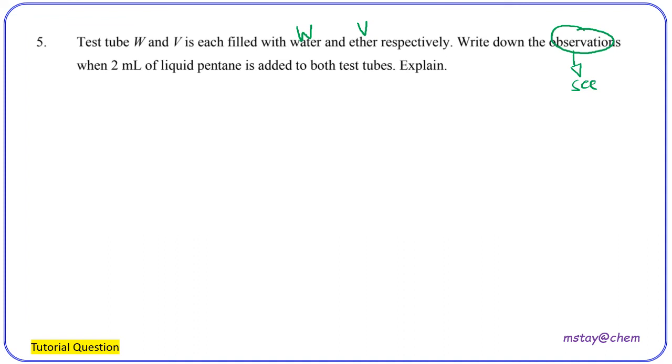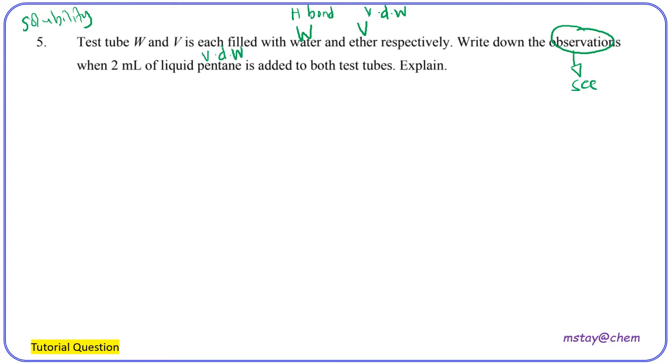Before we continue, as we mentioned just now, this question is about solubility. So we look at water, whose intermolecular force is hydrogen bond, ether is van der Waals force, and pentane also has van der Waals force.